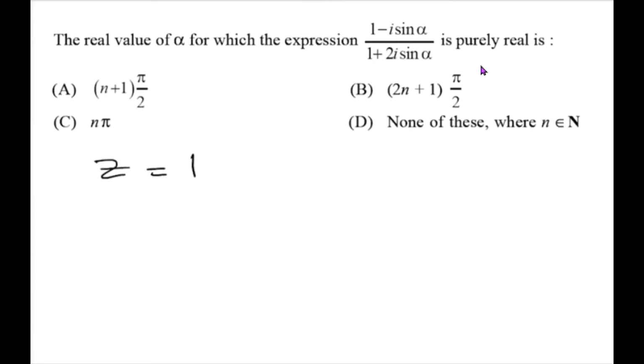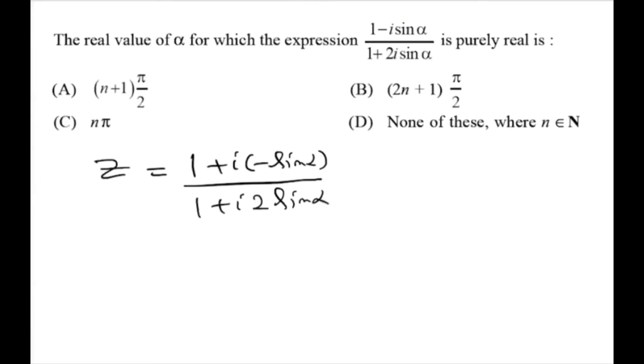First, let me write this as 1 plus i into minus sine alpha on 1 plus i into 2 sine alpha. So the imaginary part of z must be 0 for z to be purely real. So in the denominator, you get 1 square plus 4 sine square alpha.